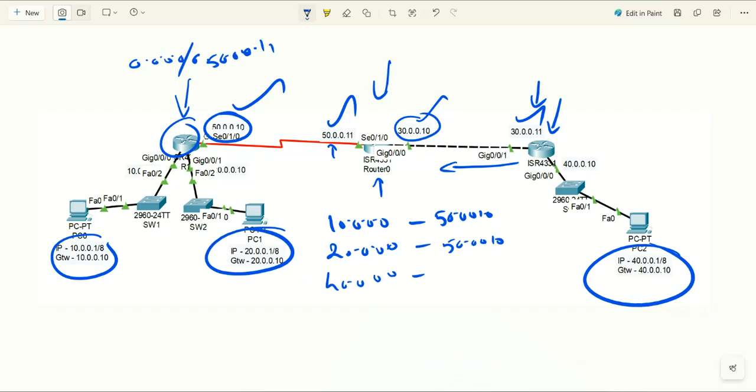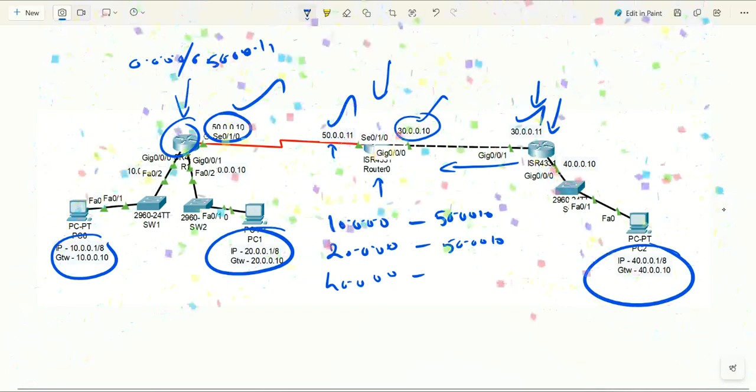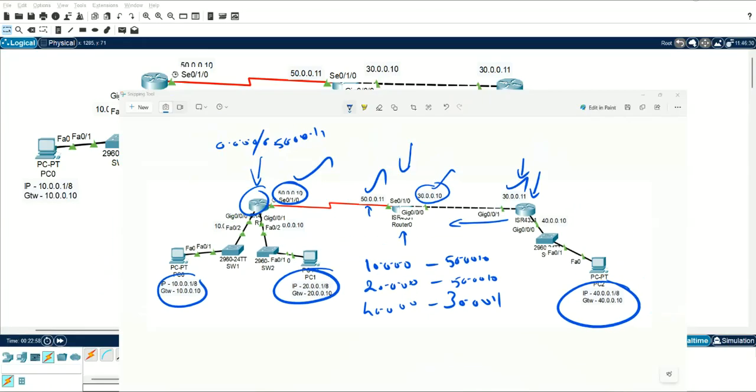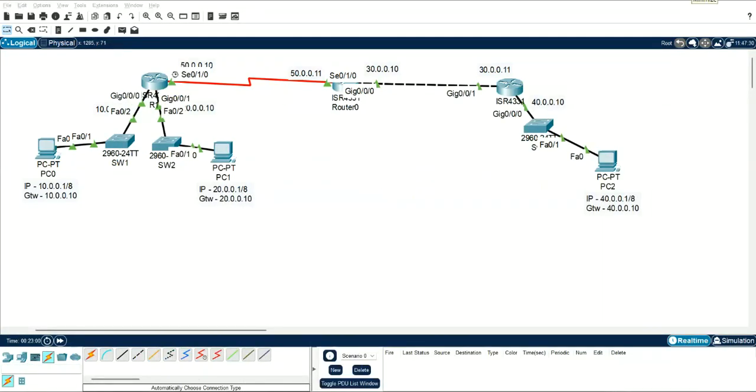Where is 40? See the topology. Very good. 30.0.0.11. You understood? Okay, let's do it now. I hope you understood why we cannot write default route.